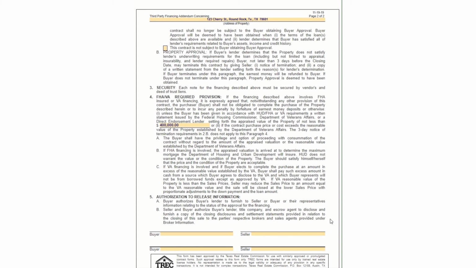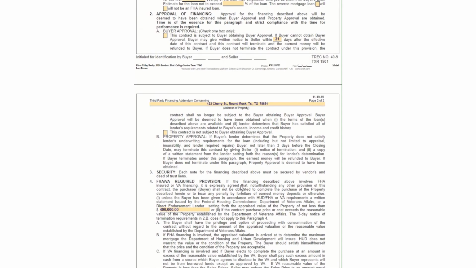So this is giving permission for the lender to share information about the loan to the parties involved. Notice it says status and not details, though. It's not specific details, personal details about the buyer, but they can report on the status of approval, and then they can give a copy of the closing disclosure and the settlement statement to the brokers and the sales agents. So that's important to note.